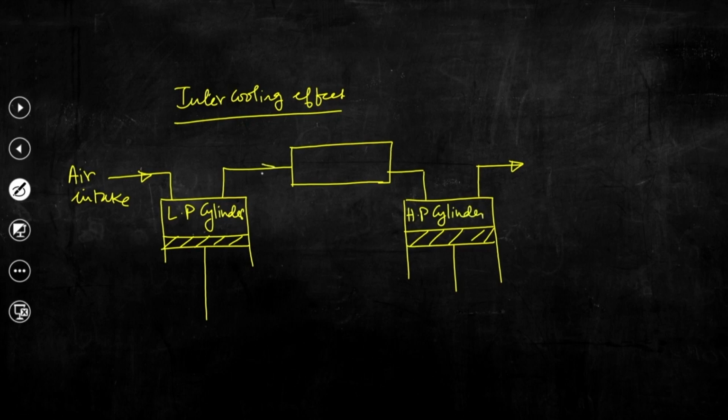So the air is first taken into this low pressure cylinder, it is compressed, and the air coming out from the low pressure cylinder is taken into this intercooler.